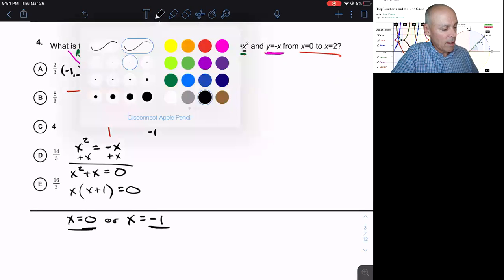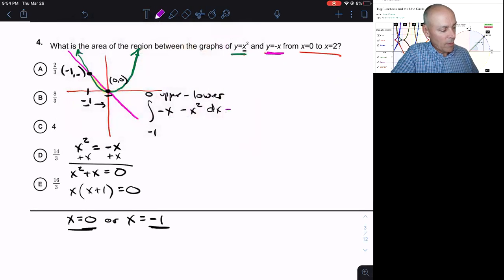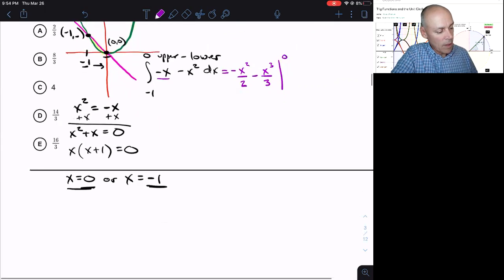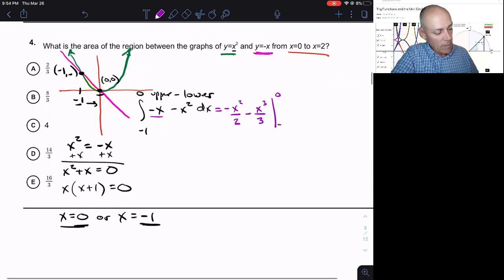Now I go to find my antiderivative. My first term is going to be negative x squared over 2 minus x to the third over 3, such that the upper bound is 0 and the lower bound is -1.